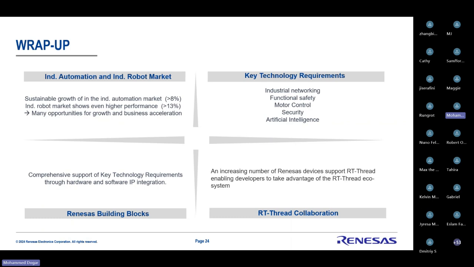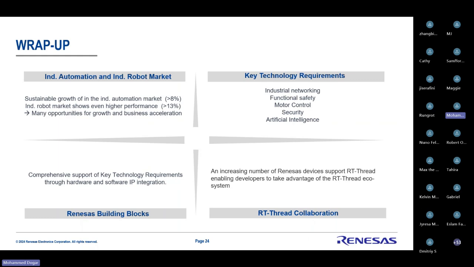You've seen the key requirements, certainly when it comes to the industrial space: collaborative robots, networking, safety, functional safety, motor control, and of course AI coupled with security as the key building blocks. One of the challenges right now is we are not data scientists, right? Maybe we're not RF engineers.